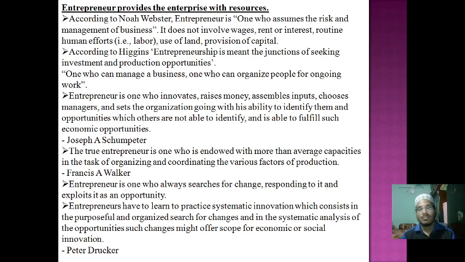Joseph Schumpeter tells something about the entrepreneur.